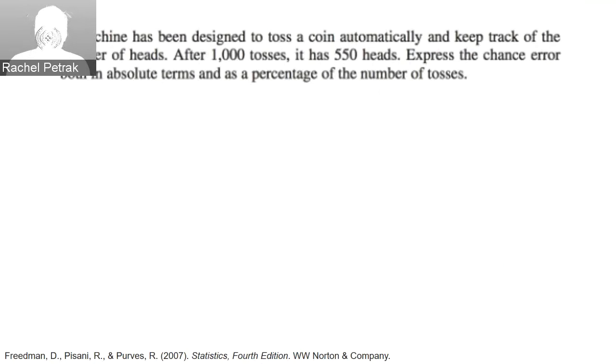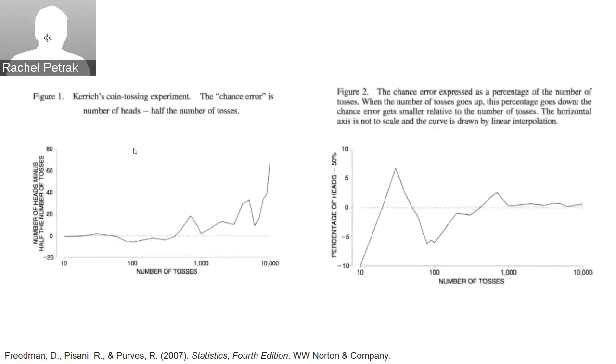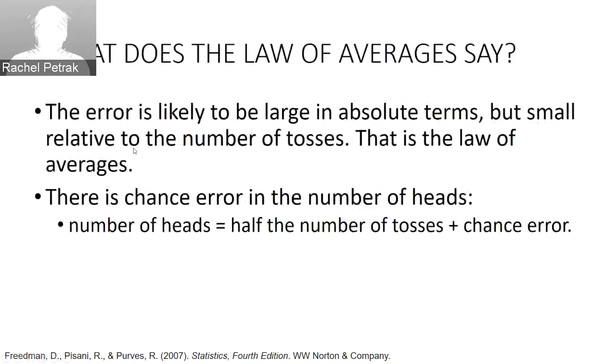So just to make sure we can see this working out, we have a total number of, excuse me, 1,000 tosses. I was thinking about this part. Remember that the number of heads is equal to half the number of tosses plus chance error.